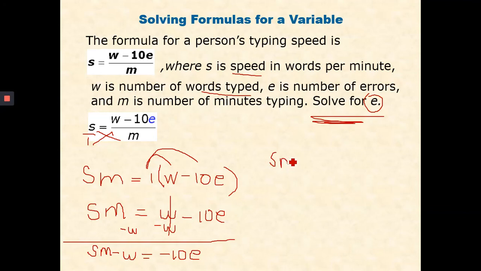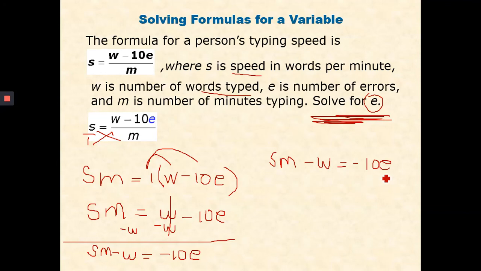SM minus W equals negative 10E. Going back, we're solving for E. Therefore, we're going to get rid of the coefficient of E, which is negative 10.